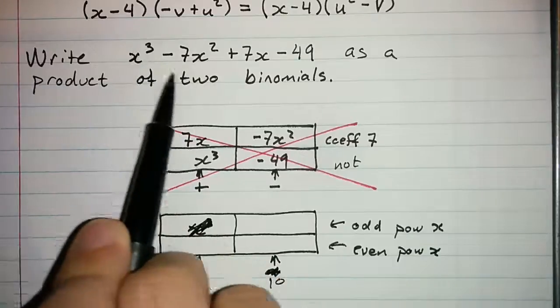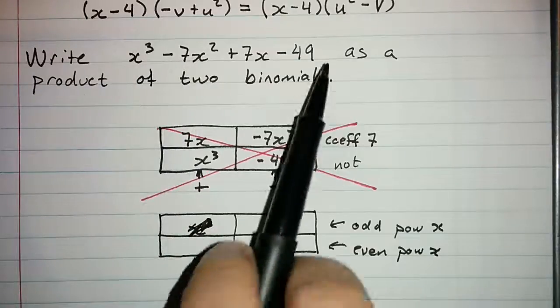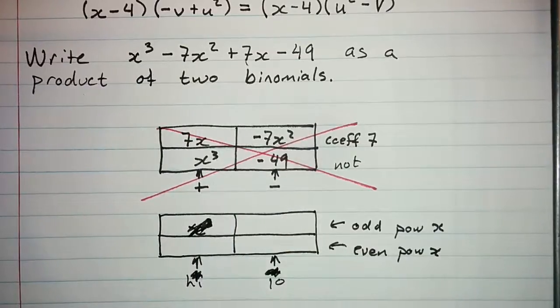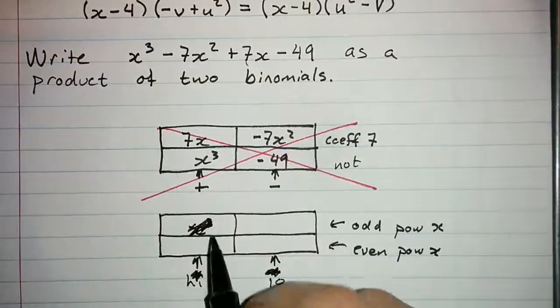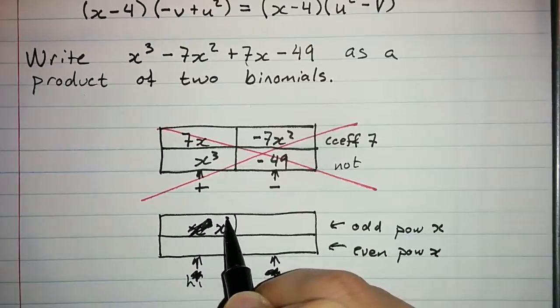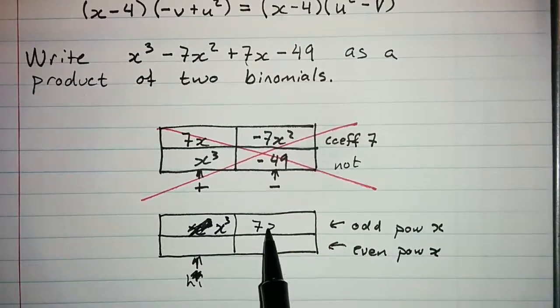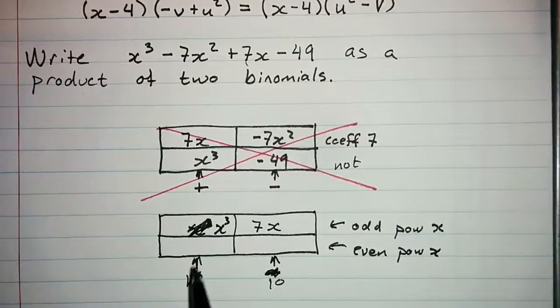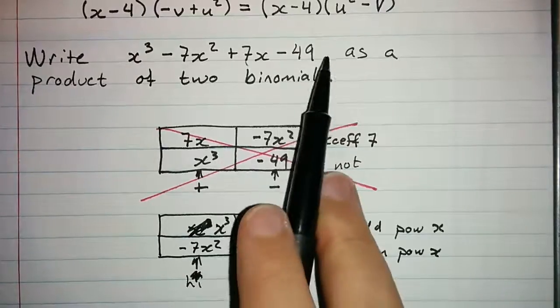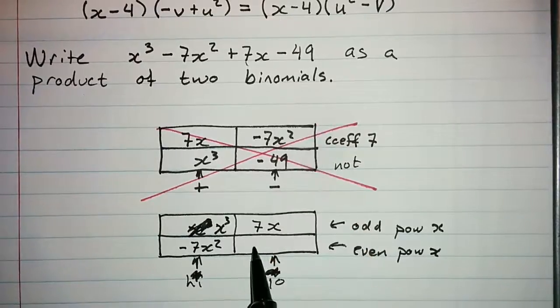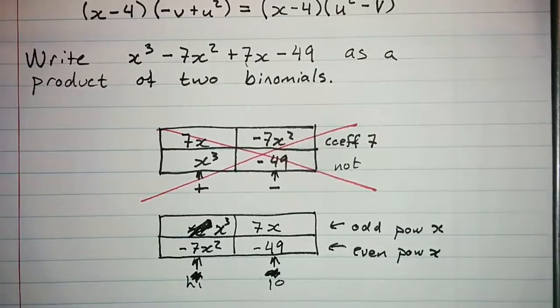X cubed and x squared have a large power of x. 7x and negative 49 have a small power of x. So the high odd power of x is x cubed. The low odd power of x is x. The high even power of x is negative 7x squared. The low even power of x is x to the 0, so negative 49.